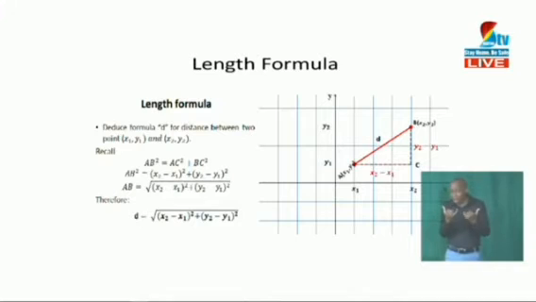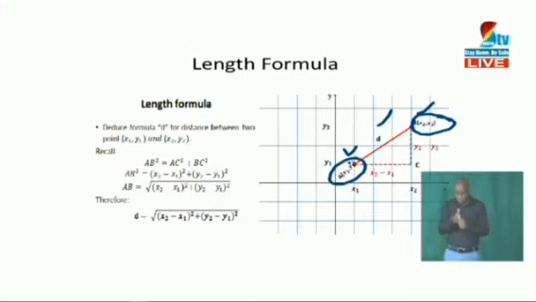For the length of a line segment, I've used D. This D stands for the distance between two coordinate points. Remember, our objective was that we should be able to find the length of a line segment joined by two coordinate points. So let's deduce this formula.